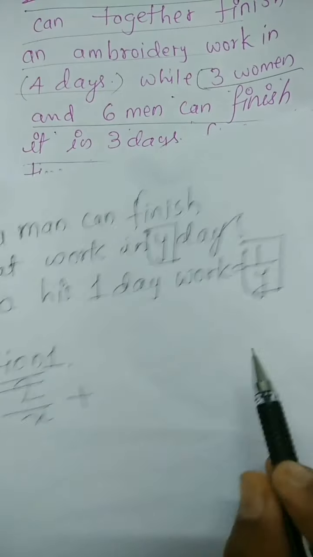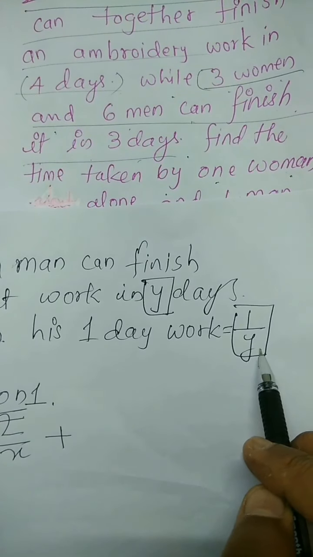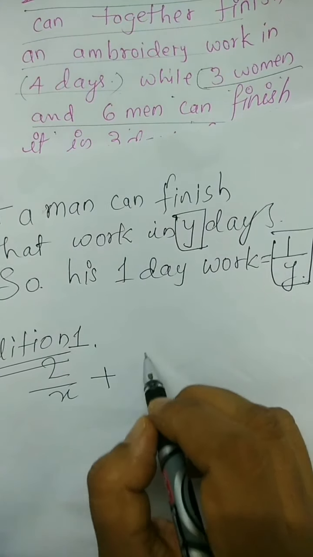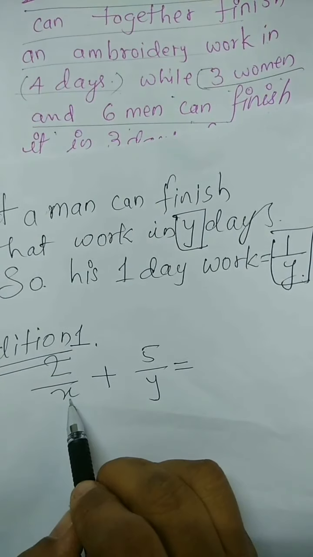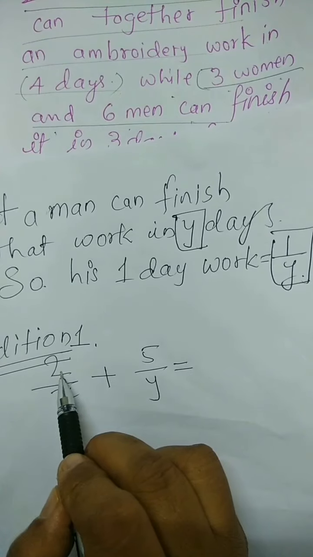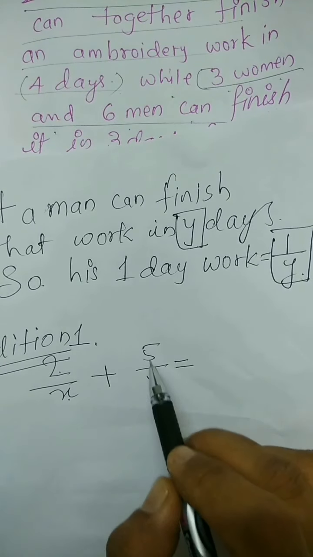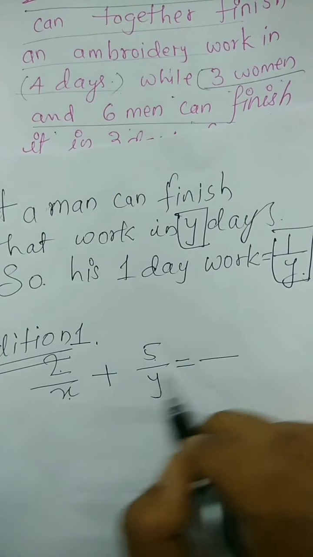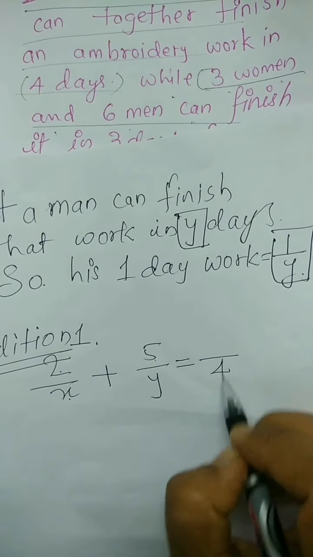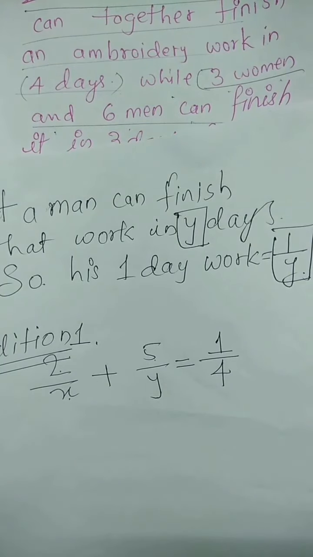And 1 man's work is 1 by y in 1 day. Then 5 men's work will be 5 by y. This is 1 day's work of 2 women and this is 1 day's work of 5 men. So 1 day's work, how much? Because they are completing the work in 4 days, so 1 day's work will be 1 by 4.